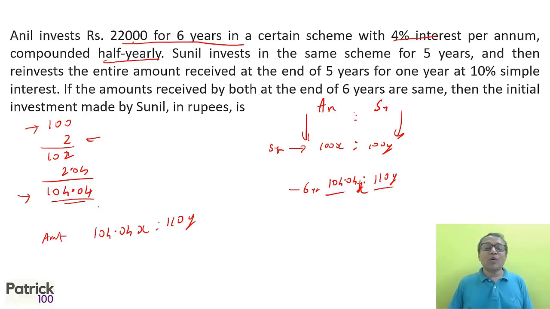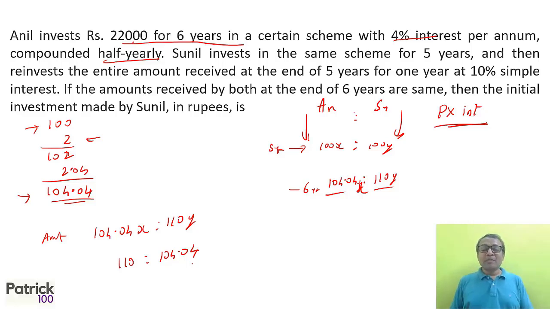Now, what have they asked? Initial investment by Sunil. Remember, the principal into interest gives the amount. So basically, since the ratio of the amounts is this, the ratio of the principal will be the reverse of this, which is 110 is to 104.04.